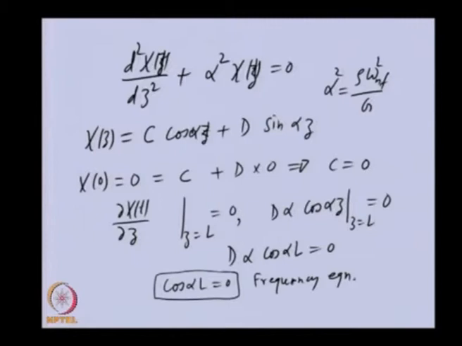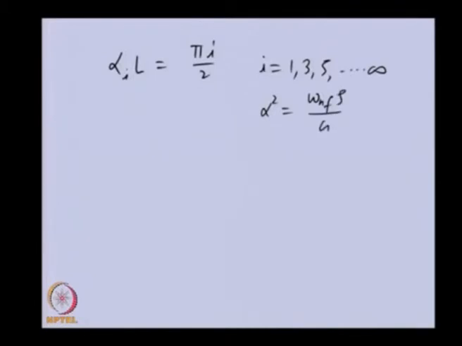This is the frequency equation, and the roots of this will give us the eigenvalues, and from there we can obtain the natural frequencies. So you can see the solution of this: alpha L is equal to pi I by 2, where I can be odd numbers, and we have an infinite number of solutions. So an infinite number of eigenvalues are possible, and earlier we have related alpha with the natural frequency of the system by this relation.